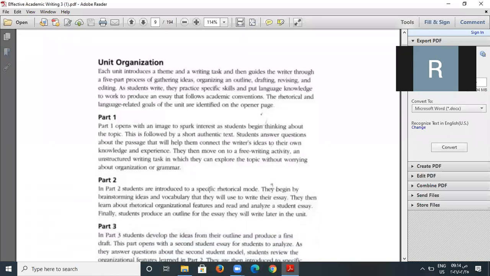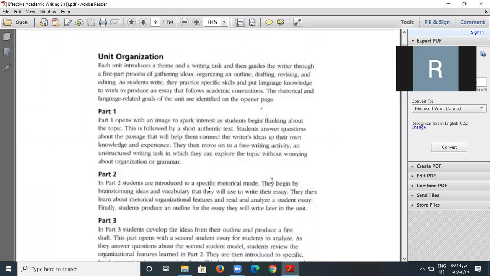In part 2 طبعا students are introduced to a specific rhetorical mode. طبعا we start with brainstorming ideas and vocabulary that you as a student use to write your essay. Then you learn about rhetorical organization features and read and analyze student essays written in the book.